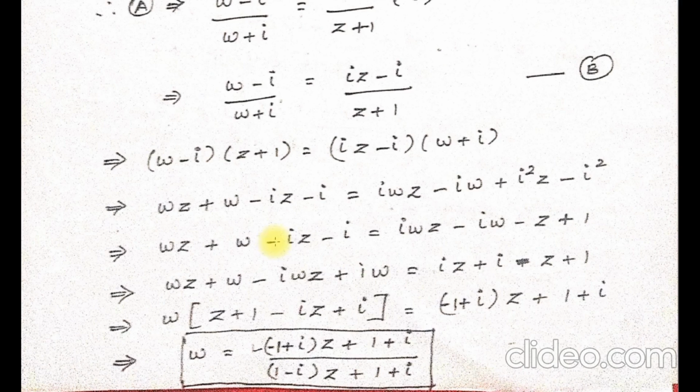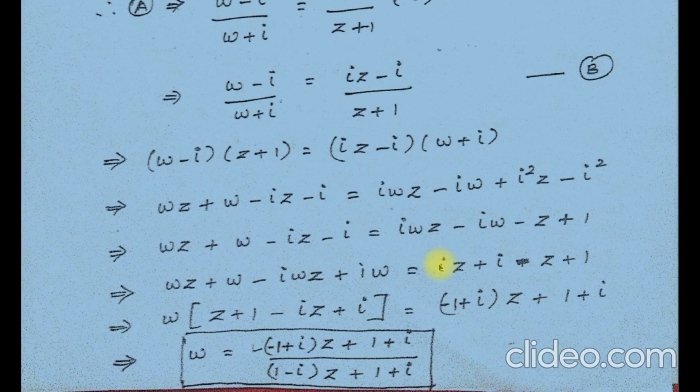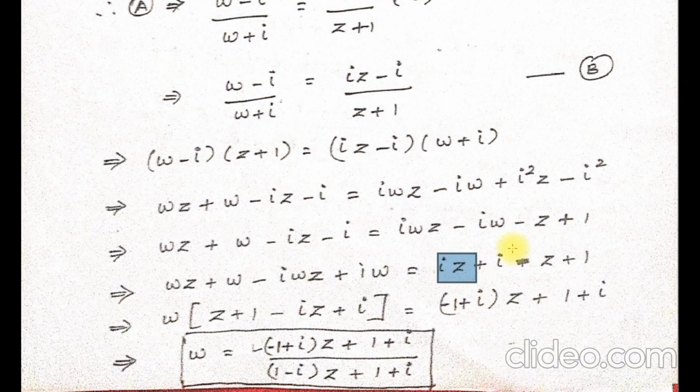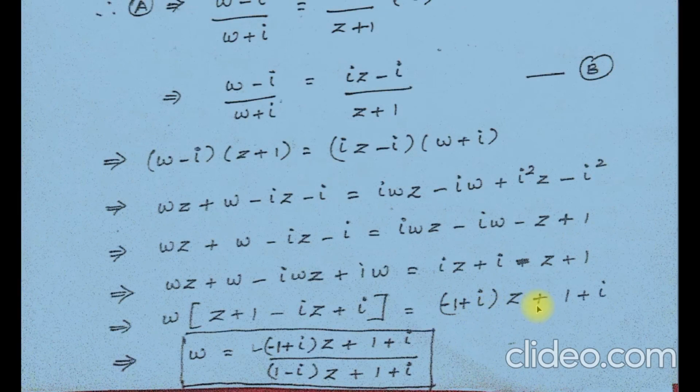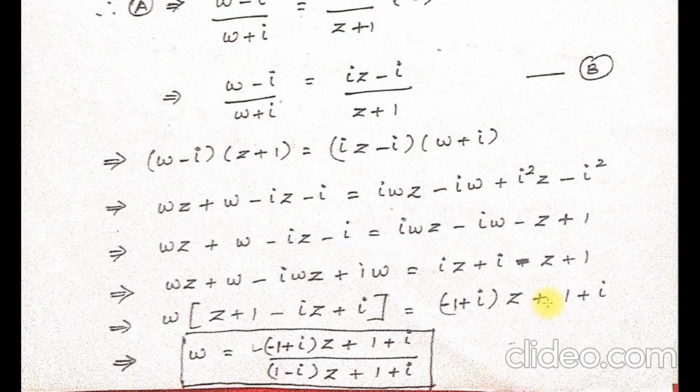So minus iz will be plus iz, minus i will be plus i, and minus z plus 1. Taking w common, I get w times (z plus 1 minus iz plus i). Taking z common from this term and this term, I get (minus 1 plus i) into z, and the remaining terms are plus 1 plus i.